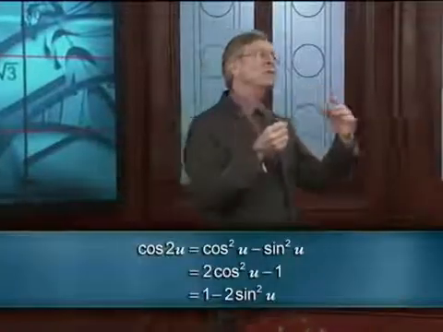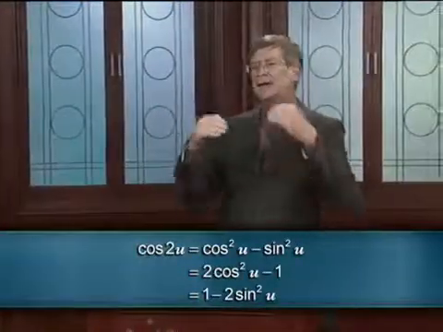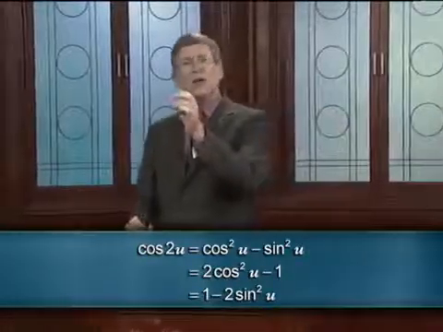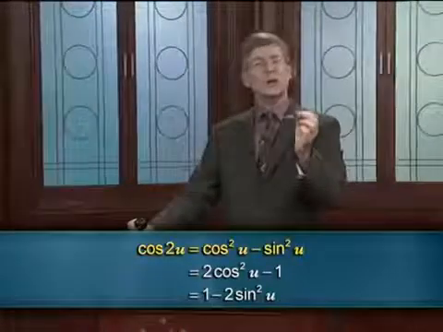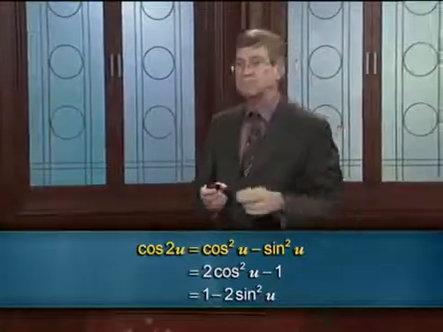So cosine 2u has 3 formulas. They're all true, and it's good to be aware of all 3, although if you memorize the first one, you can derive the other 2. The important one is cosine 2u equals cosine squared minus sine squared.